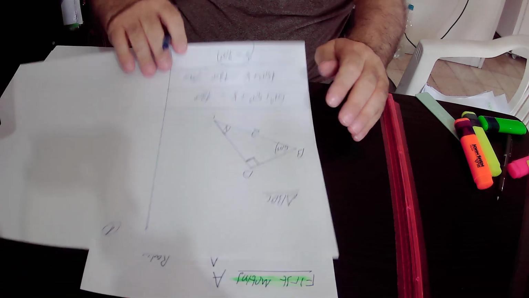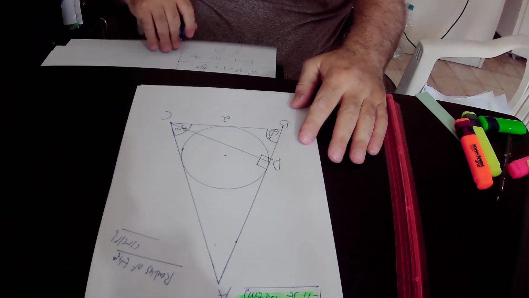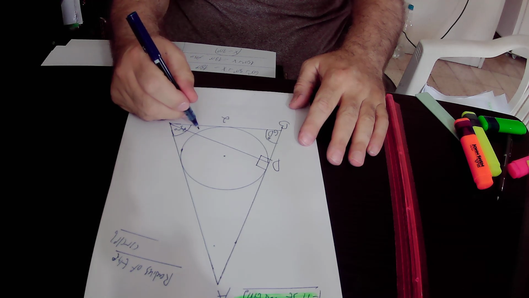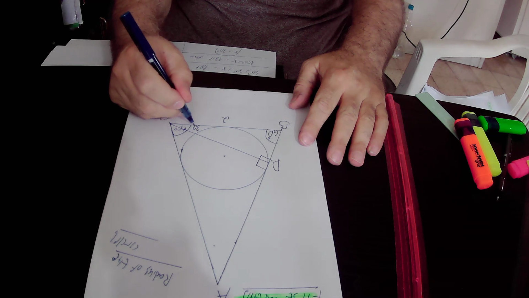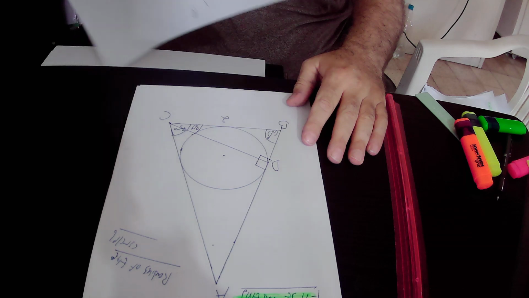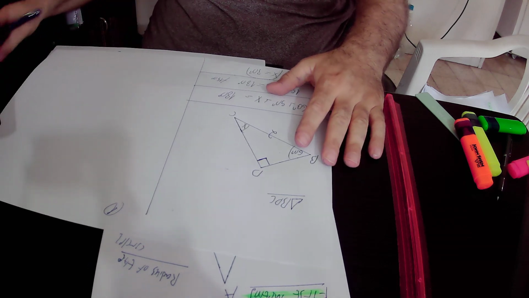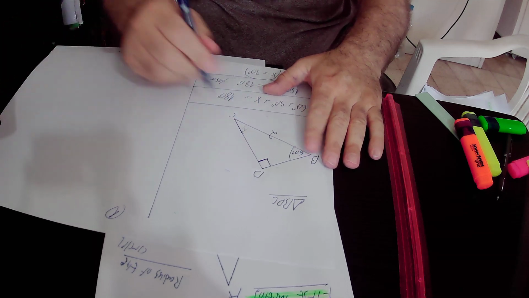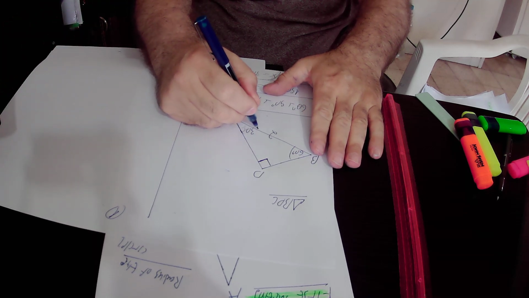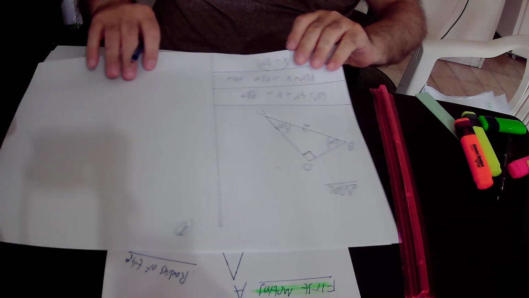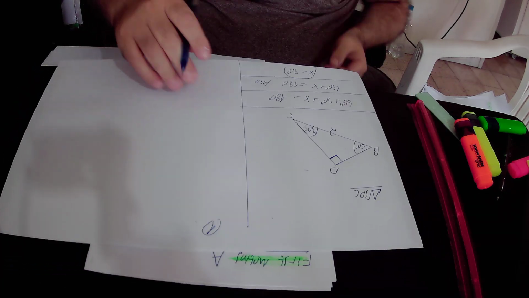So we found out that the missing angle here, angle X, equals 30 degrees. We continue to focus on triangle BDC.